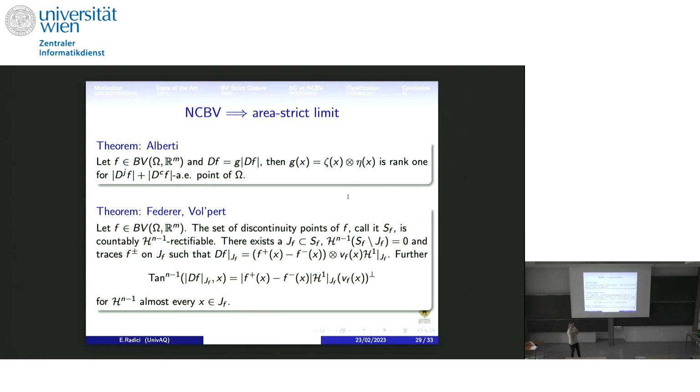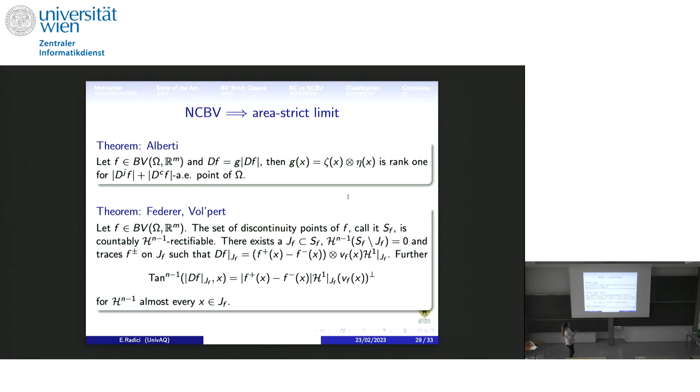So the deformation is going in one specific direction at any singular point. And then there is this Federer-Volpert result that is telling you, okay, also the function is doing exactly this. So it's jumping in that direction between the traces that you see.